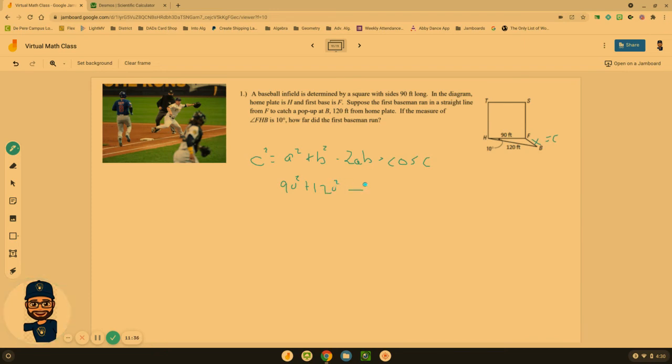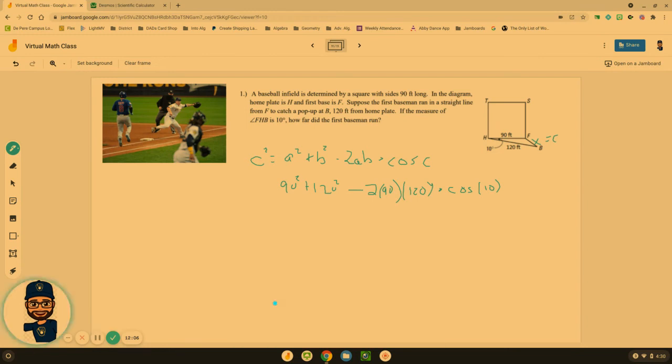Squared minus 2 times 90 times 120 times the cosine of 10. So it's just a matter of trying to figure out what goes where in this formula. But A and B are the two given sides. Cosine of C is the included angle, the angle in between them.